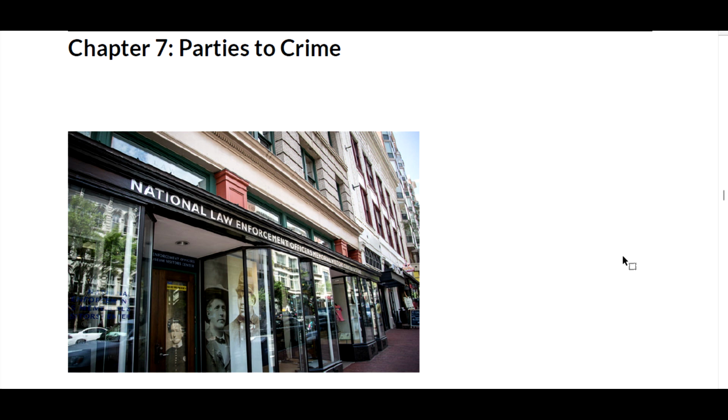Real quick before we get into it, this is the last lecture that really is just going through the textbook page by page. The next week's lecture is about literally the last chapters, and it's talking about the different types of criminal offenses, getting into the nitty gritty of those pieces.